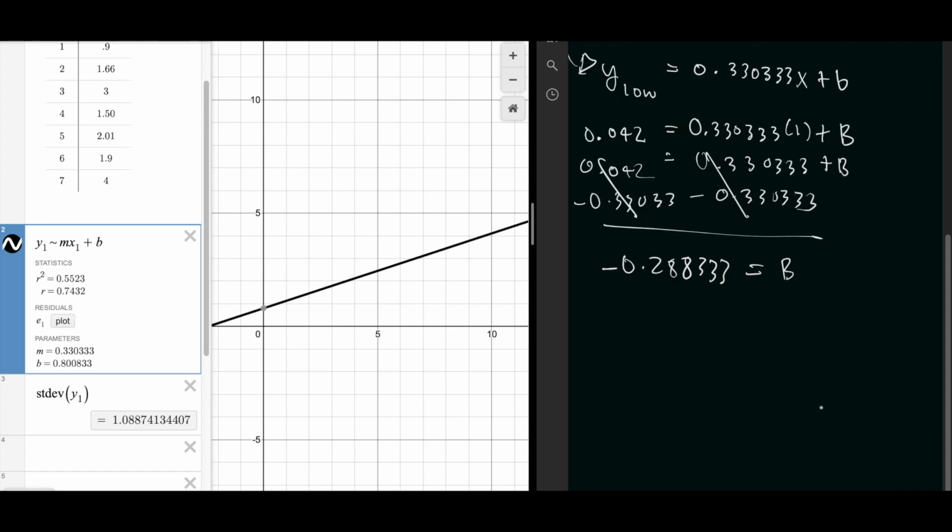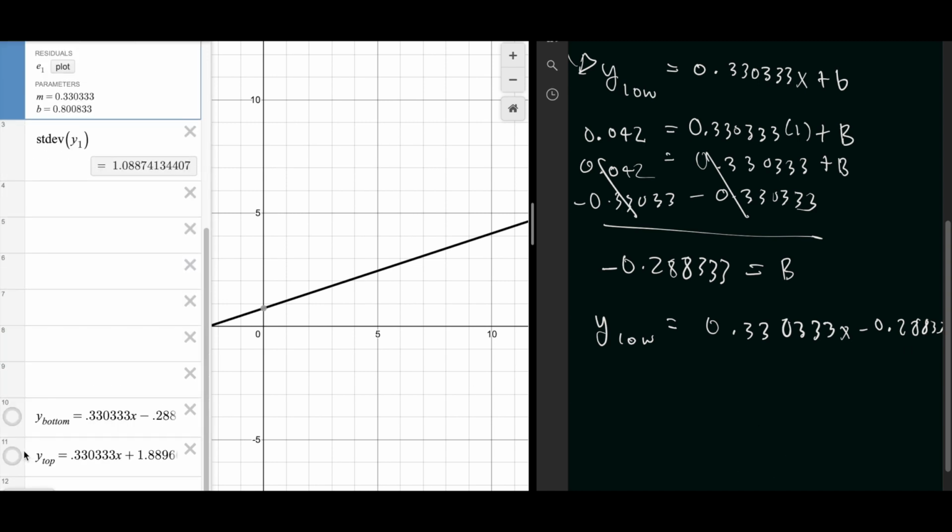So the equation for the lower line would just be the slope, 0.330333x, minus 0.288333. So that's the lower line. I have it over here.